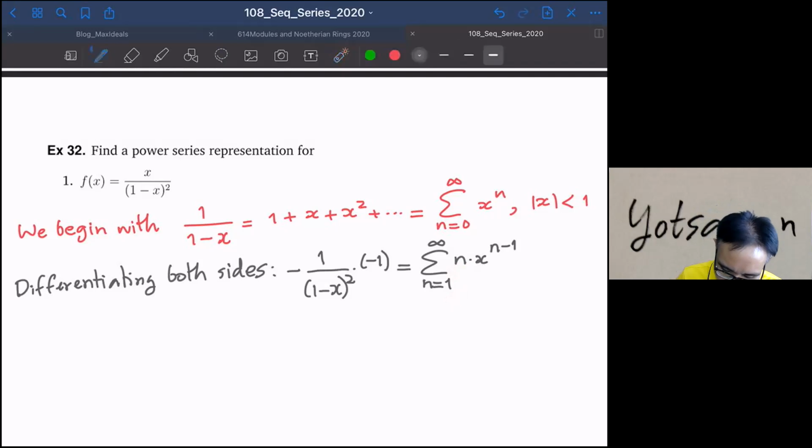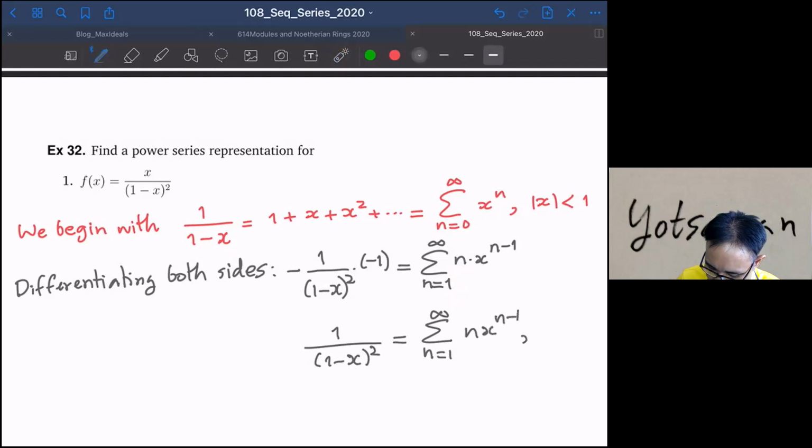And you see on the right side, it's going to be 1 over 1 minus x squared, and this one will be the series n equal to 1 to infinity of n x to the n minus 1, when absolute value of x is smaller than 1.